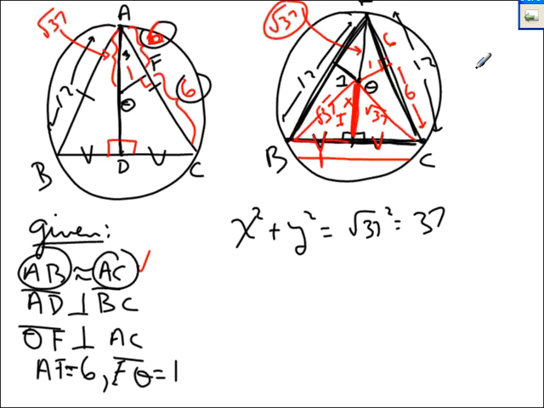Now, let us use a bigger triangle. Let me draw it over here in red. Let us use this big triangle. We're calling this y. We know that's 12, and we know from the center up is square root of 37, and from the center down to D, I'm calling that x.